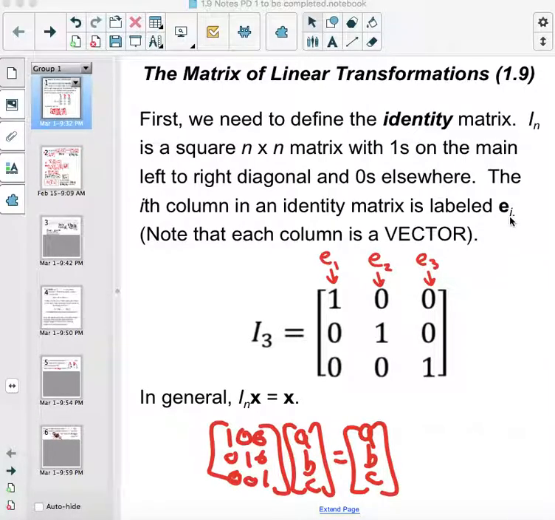Each column vector, E sub i, will be made up of zeros and ones. The identity matrix is just a square matrix and has ones along the diagonals and zeros everywhere else. In general, the identity matrix times a column vector is just that column vector, as you see here.